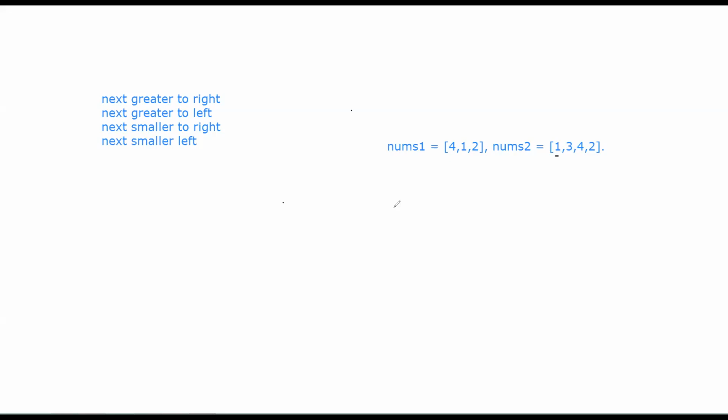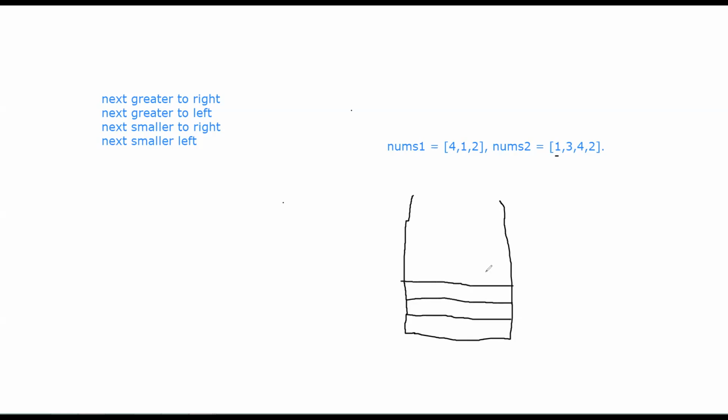Okay, fine. So what I'm doing here, I'm taking a stack. I'll iterate through the nums2 array, and if the element is the first element, I'll simply push it to the stack.